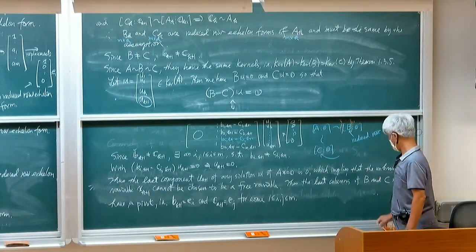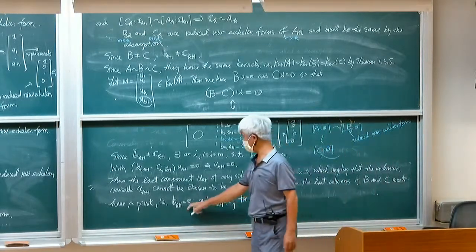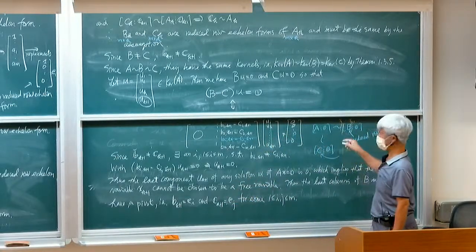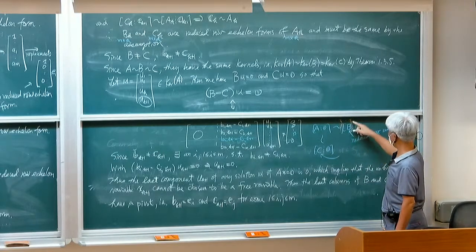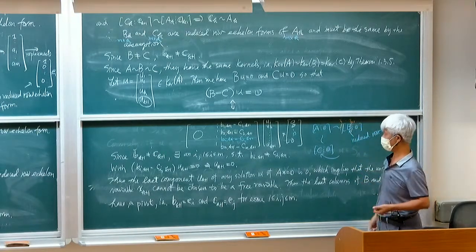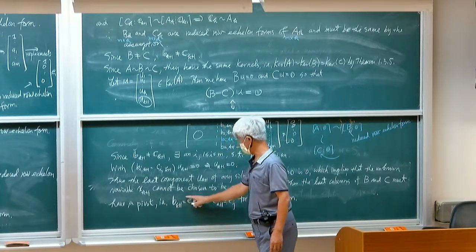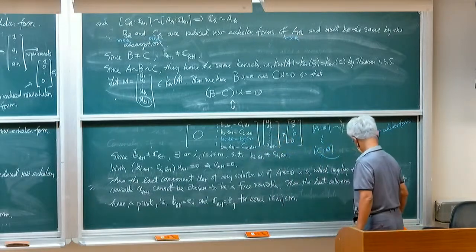All right, so the last column should be e_i or e_j, because B and C are in reduced row echelon form. So if a column has a pivot, it must be a standard unit column vector, either e_i or e_j.